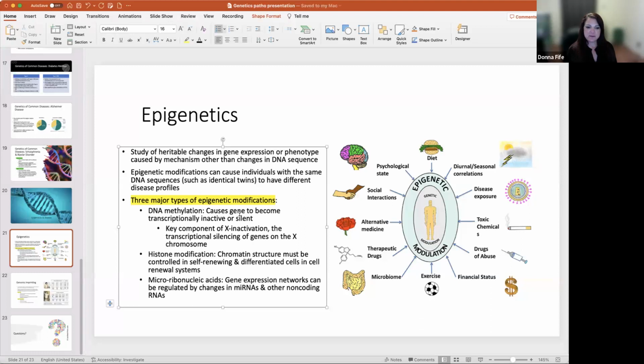Micro-ribonucleic acids: gene expression networks can be regulated by changes in microRNAs and other non-coding RNAs. And this is just showing different factors that can affect epigenetic modulation.